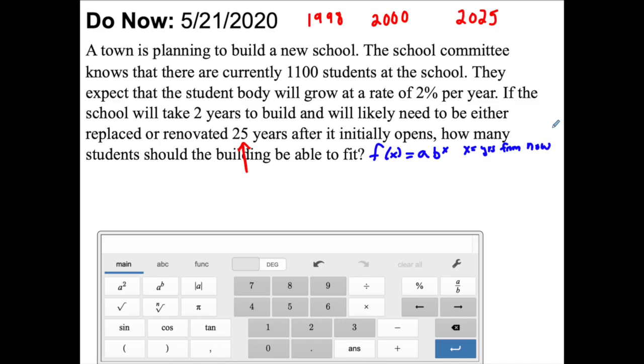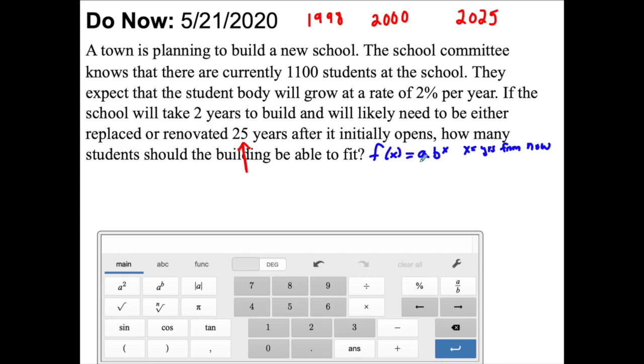So if now is 2020, x is 0, right? So then 2025 would be x is equal to 5. 2027 would be x is equal to 7, for example. Okay, so a represents the value when x is equal to 0, right? Because 0 will make b to the 0 equal 1.